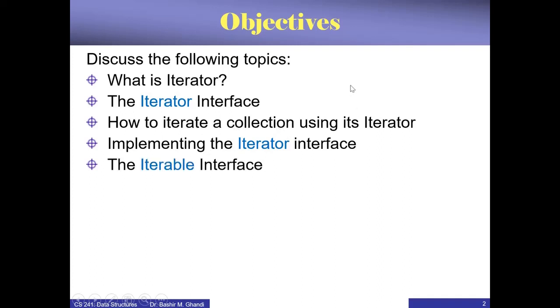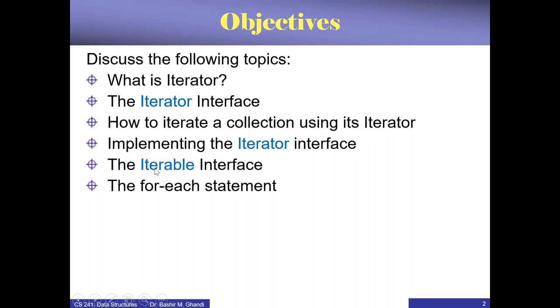And then we will move to the second interface, which is called Iterable. What is this interface? And then we will see that this interface is very much related to the for each statement. I'm sure you are used to the for each statement from your programming 2 course, and we will see that behind the scenes, before you can use the for each statement, your collection must implement the Iterable interface.